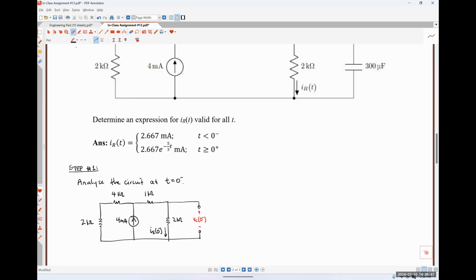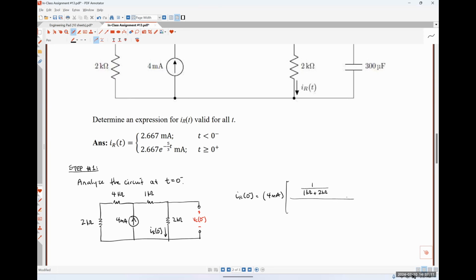So our current division relationship will be IR at 0 minus is going to be our known current of 4 milliamps. In the numerator, I have the reciprocal of the branch that I'm interested in, and that branch is 1 kilo ohm in series with 2 kilo ohms.